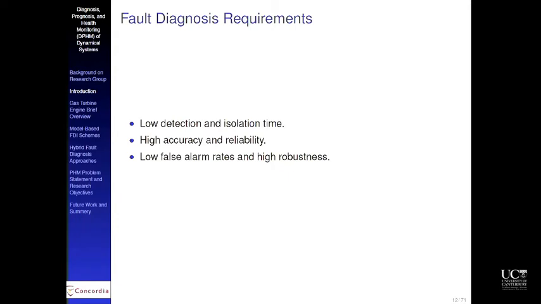Why is that important? Why do you need to have a low false alarm rate? Because the next step, which is the recovery, is extremely important. If the recovery is based on wrong decisions that I made in the diagnosis, I can actually make things worse. Meaning that if my system says that there is a fault, and says the fault is in this actuator, then I start a recovery policy or recovery protocol to change the control law.